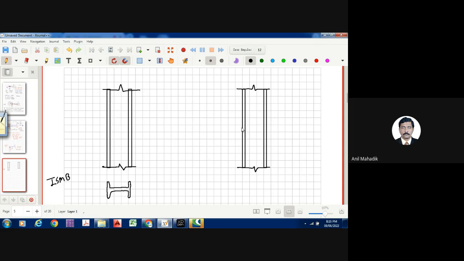And now I am connecting a beam to this. Which is also I section. Same I section is like this. The beam section is like this.